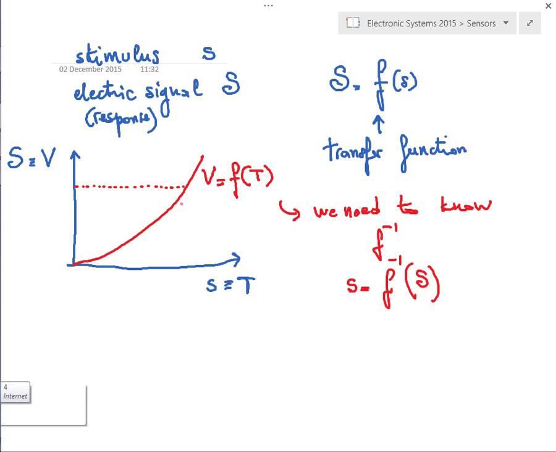So we have the number corresponding to the voltage in memory. If we know the inverse transfer function, from that number we can obtain the stimulus, the value of the stimulus, in this example the temperature that we want to measure. So in some way we need to know this part.